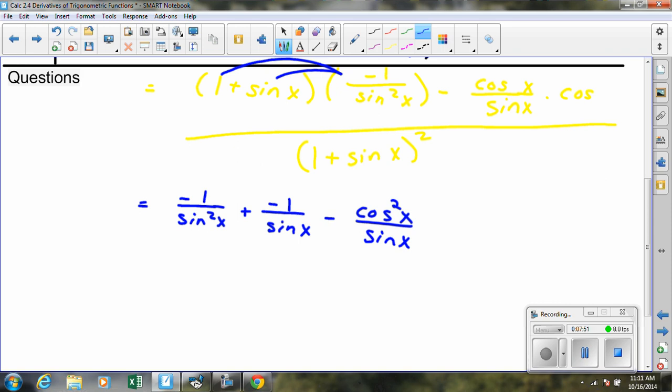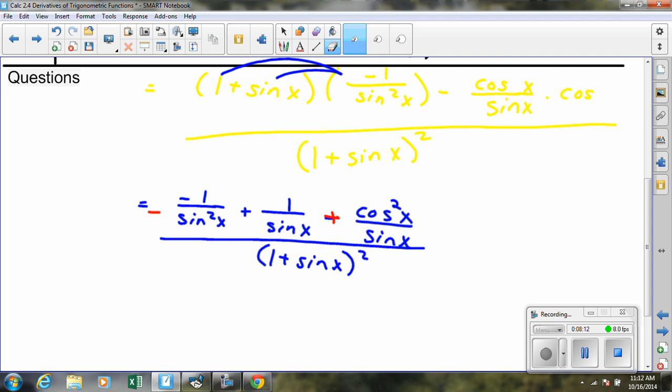Okay, so you notice how we have the negative 1, and minus. If we factored out that negative, this would be a positive, and both of the negatives factored out as well.